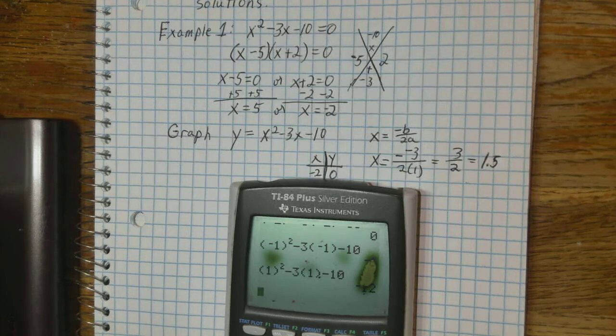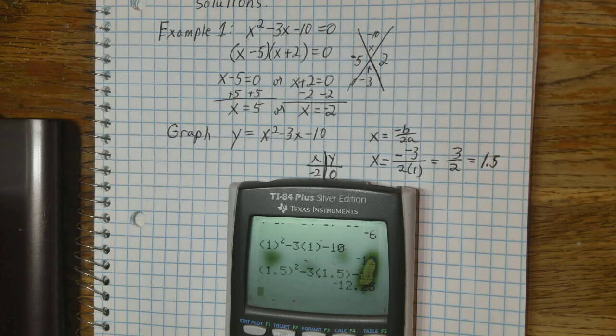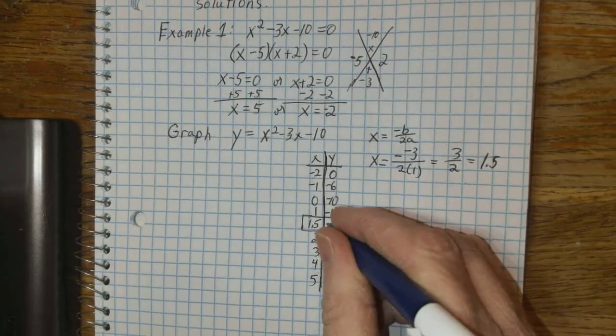And at 1.5, there's a thing you can do here. You can insert, which is the second function of that delete button. So hit 0.5, move your arrow over, then go second and insert and go 0.5, hit enter, and I get negative 12.25.